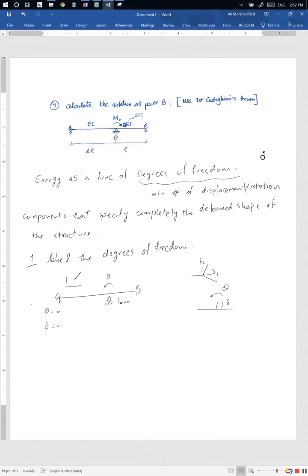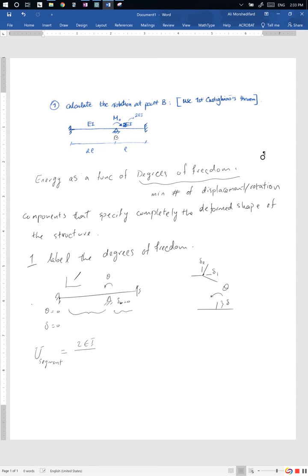So now, how do we write the energy of each of these two segments as a function of the nodal displacements that we have at each of their ends? So for the first Castigliano's theorem, we only need the energy for a segment. You can look up the derivation of this equation in the lecture notes.